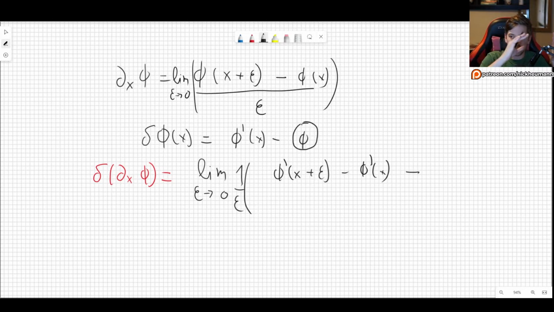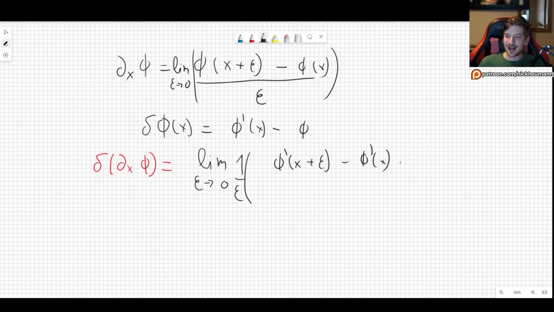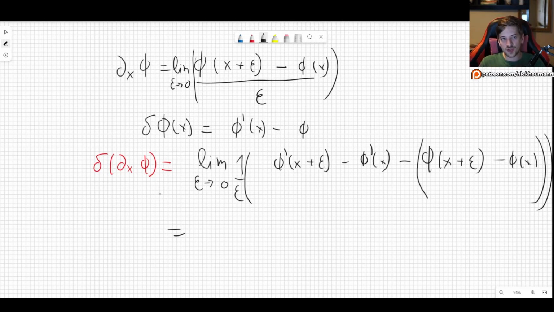First we have the one with the varied fields, so we took this thing up here, just added the prime to each, and now minus what we had up there, so phi of x plus epsilon minus phi of x. Now, since we want to switch the order of the variation and the derivative, we are going to combine, or rather write, this and this next to each other and this next to each other.